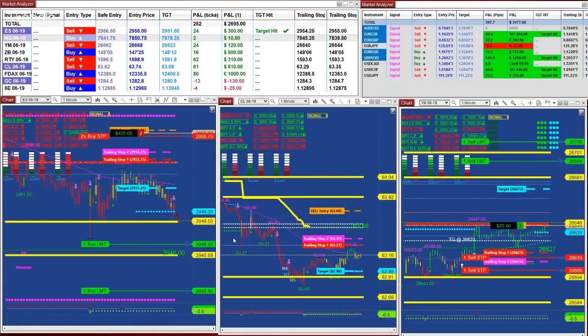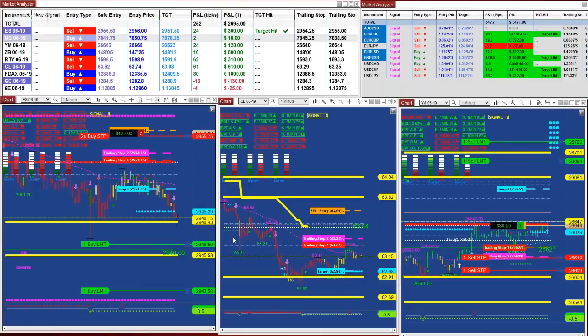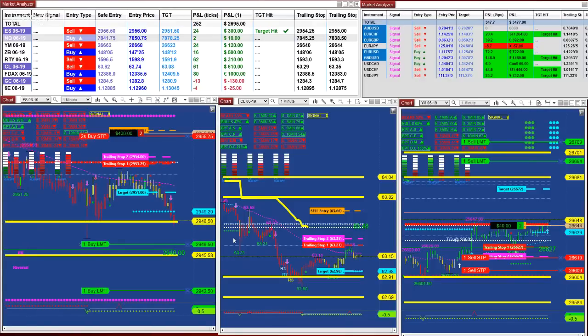Put it at 66.46 limit order, or put it on 66.50, 4 ticks just for safety. This is the new signal on the YM, and your target is 66.72. Your target is 66.72, guys.